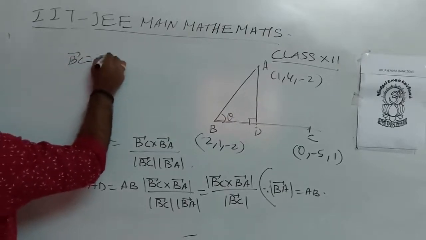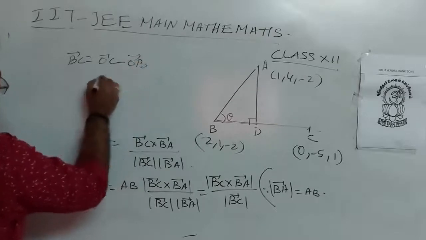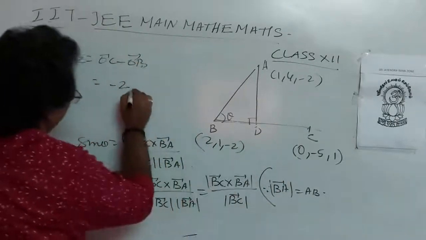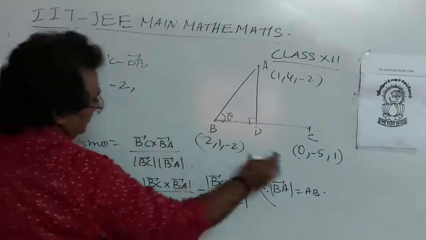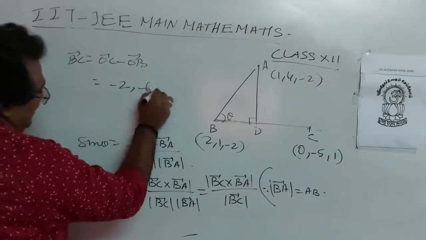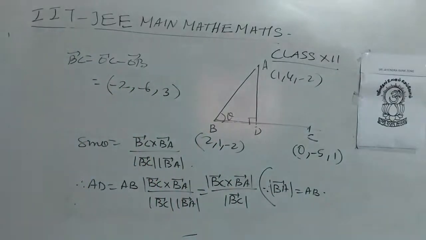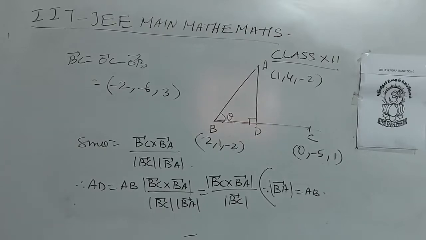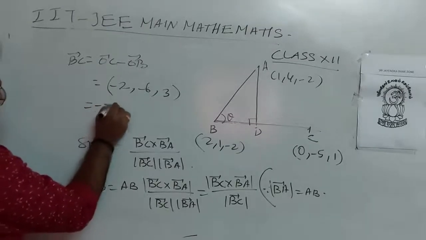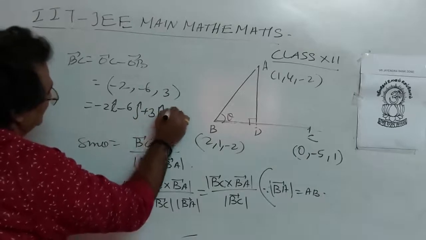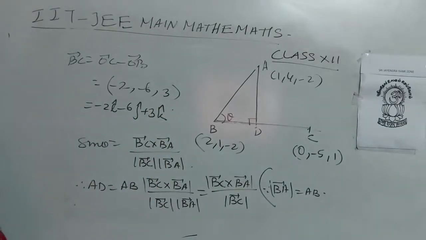BC vector is OC minus OB, that is (0 minus 2), minus 2, comma minus 5 minus 1, minus 6, comma 1 minus minus 2, plus 3. That is minus 2i minus 6j plus 3k.